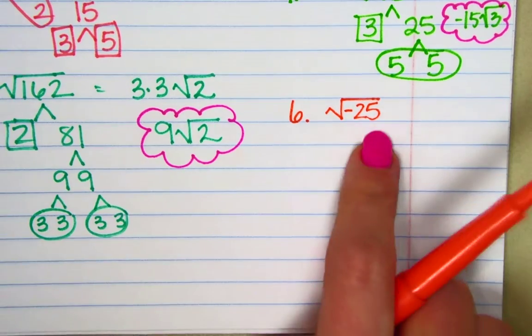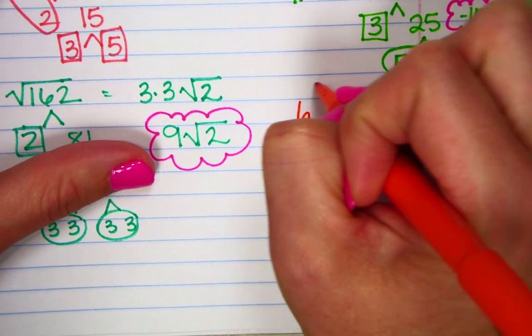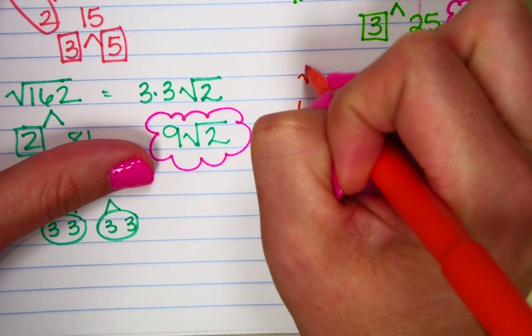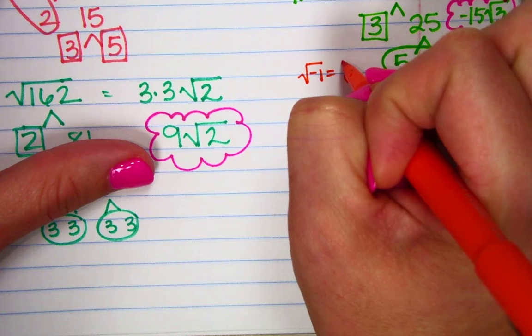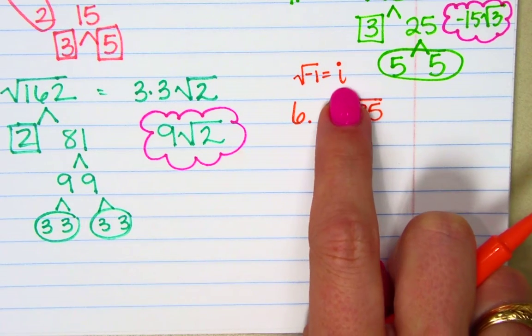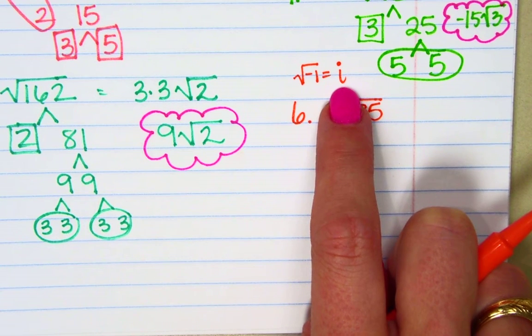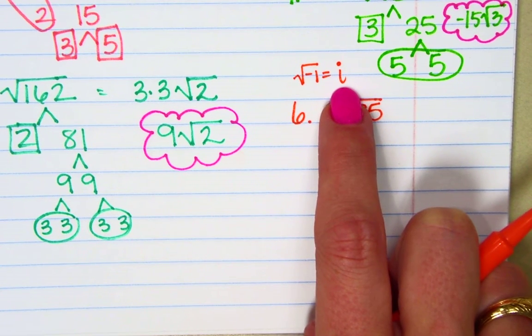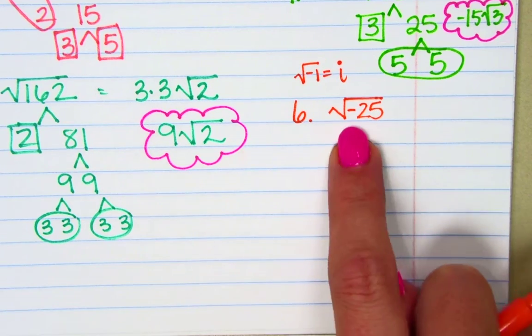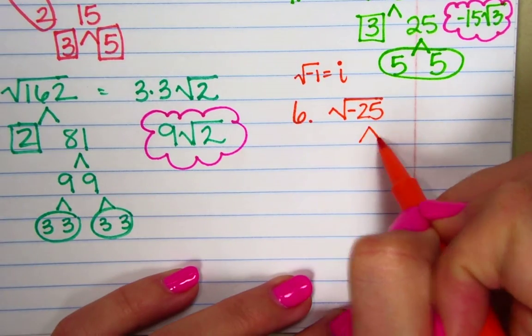Anytime you see a negative under the root, that's imaginary. We'll say the square root of negative 1 equals I. You can put that anywhere. I for imaginary. It's a new variable, just like H and K was the vertex, I is an imaginary number. So it allows us to take out that negative 1 and solve what's left.